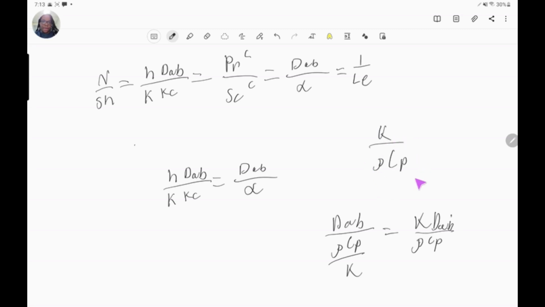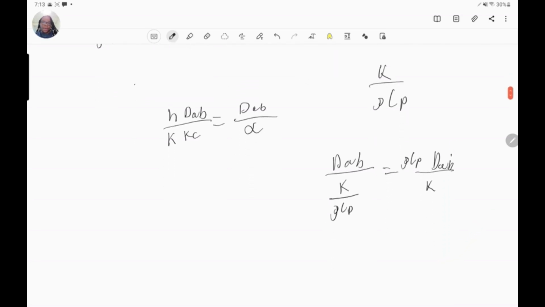This will be K over rho CP, and thus this will be K over rho CP. And that would instead make CP up here over our K. And so we're going to plug those back in over here.